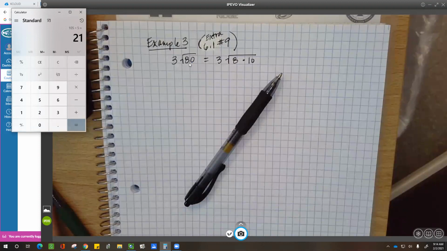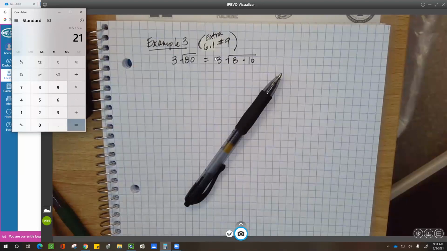You could do 4 times 20, you could do 2 times 40, right? Or divide by 5. So go ahead and work through this one and pause the video, and then I'm going to finish working this out.